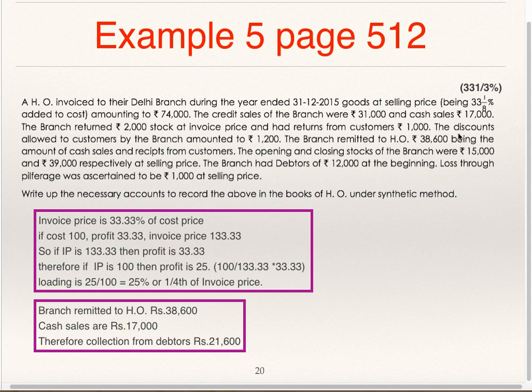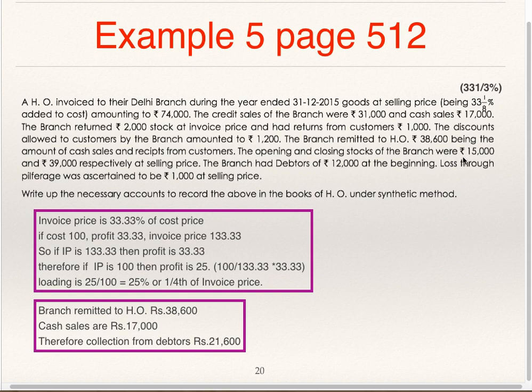Branch account credit by bank 38,600. Below that, cash sales 17,000 and collection from debtors will be 38,600 minus 17,000, and this collection is to be credited to memorandum branch debtors account also.